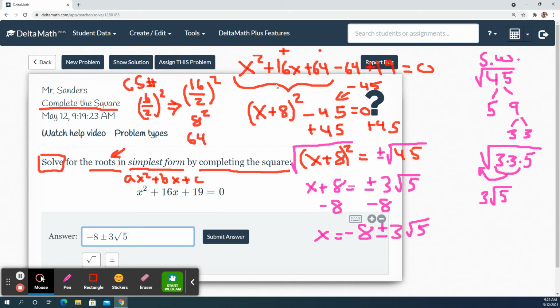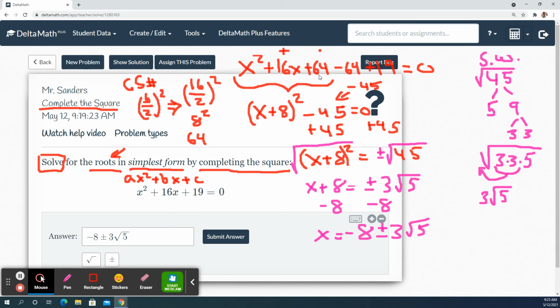So just going through the process one more time. I like writing out the general form above it so we can see what each part is. We focus on the number in front of the x, which is 16. The complete the square number is b over 2 quantity squared, where b is 16. We simplify, and our complete the square number is 64. We have to input it in our equation, usually next to the part that we're completing, which is this part right here that gets completed as a square.